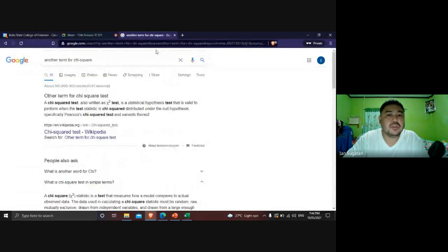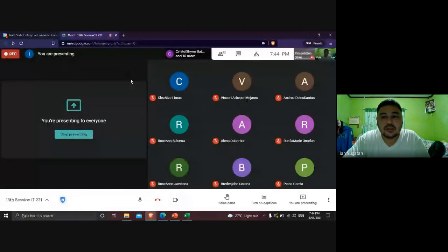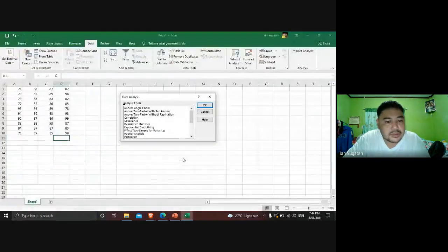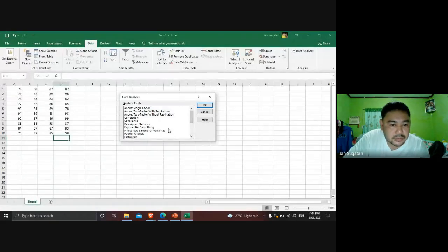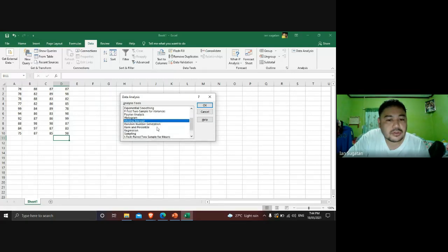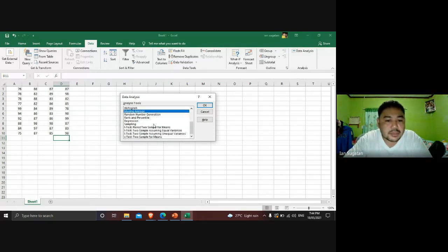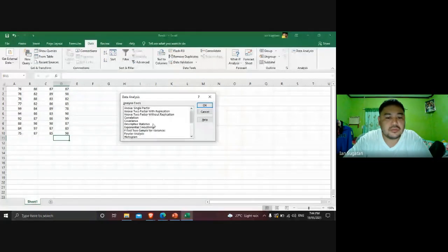I cannot find any Chi-square here. The correlation is Pearson R, association, exponential smoothing, Fourier, histogram, moving average, number generation, regression. Regression is a different topic. So there is no Chi-square.